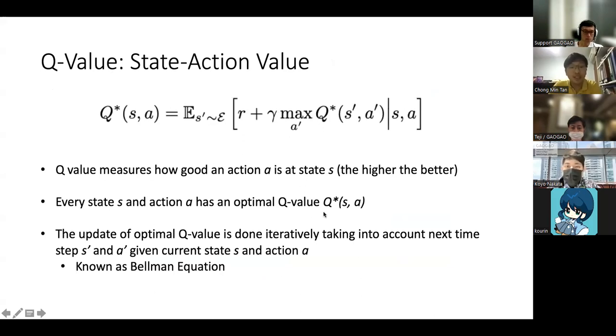Okay, each state and action has an optimal Q value, which basically means the trained Q value. It's already learned.